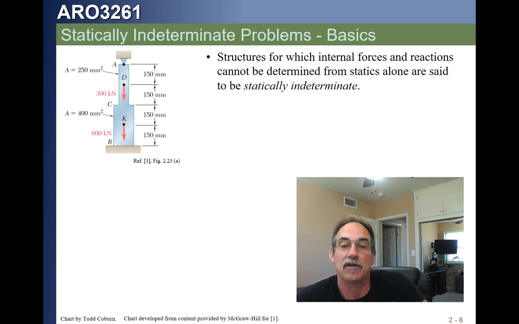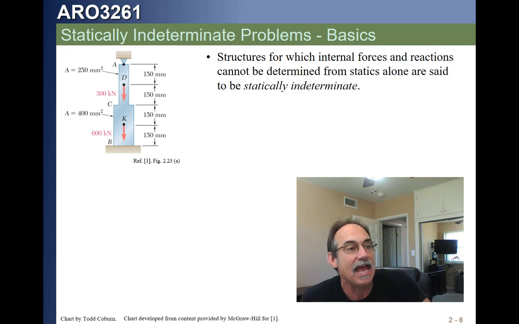Now in order to impose our deflection equation, PL over AE, we're going to need to break this up into pieces. If you look at this part, from A to D, we have one cross section and one force, whatever the force is in that part. Then because the 300 kilonewtons is applied, that next piece from D to C, although it has the same area and modulus, has a different force.